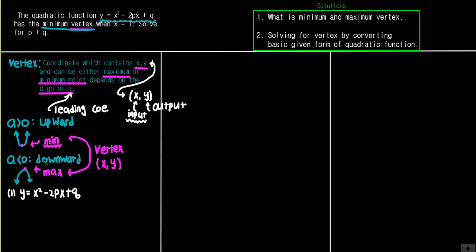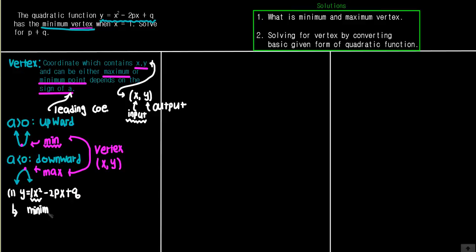And we can know a lot of things from here. We know that the a is a leading coefficient, which means it should be the coefficient of the highest degree power, which means it should be the coefficient of the x squared term. But in this case, the x squared term's coefficient is just 1, which means when you graph this, it will only contain a minimum point.